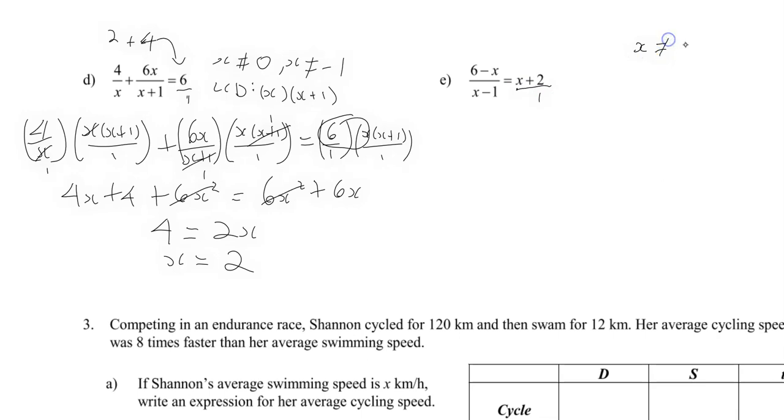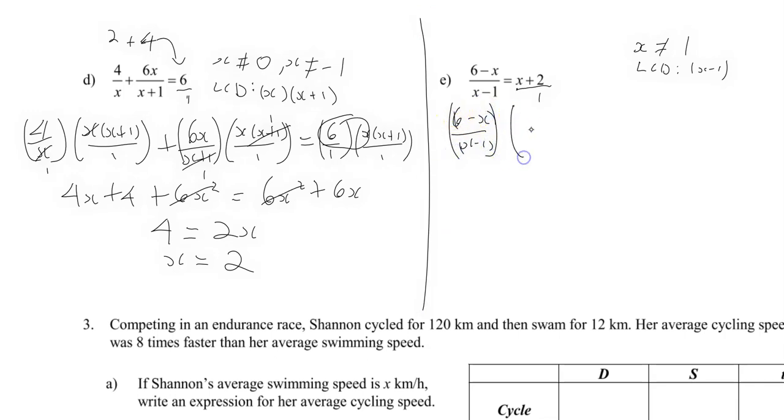So the restriction is that x cannot equal 1, and the lowest common denominator is x minus 1. So 6 minus x over x minus 1. They're binomials, so I like to put them in brackets, times x minus 1 over 1 is equal to x plus 2 over 1 times x minus 1 over 1.